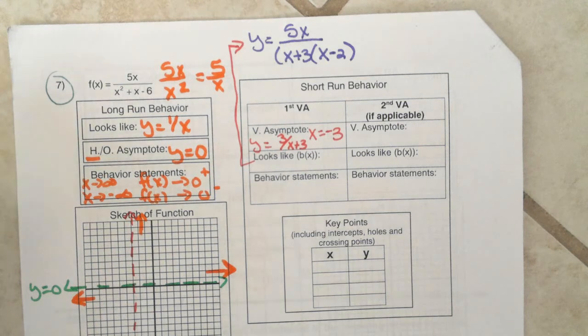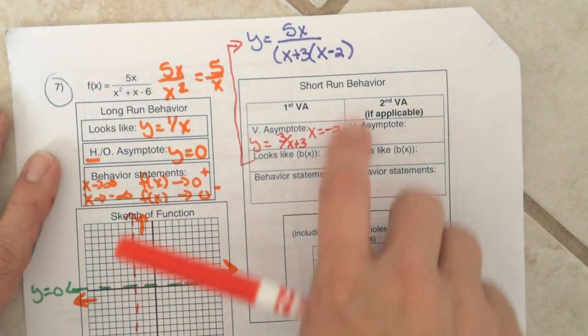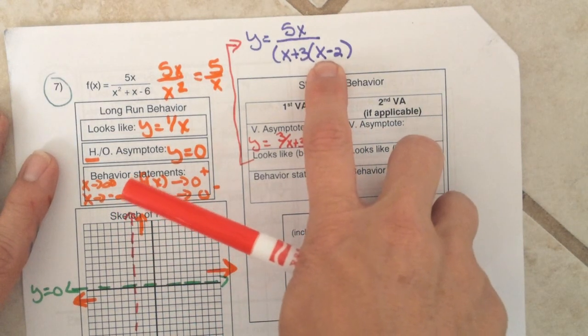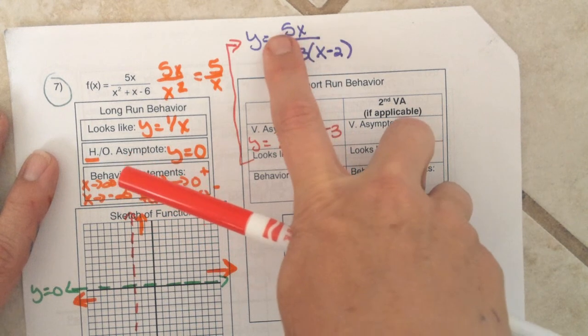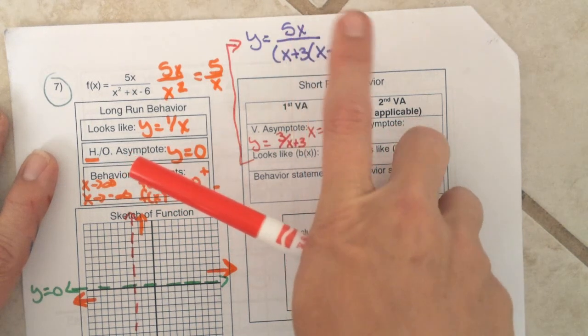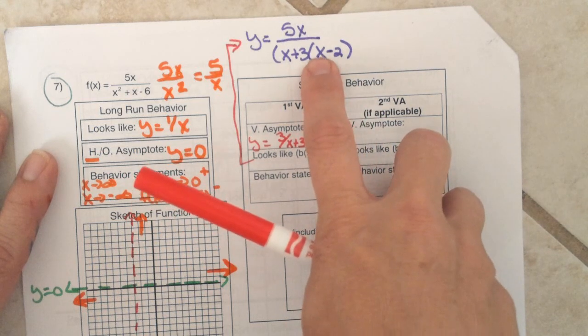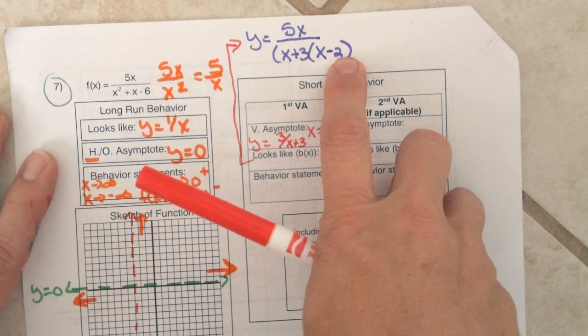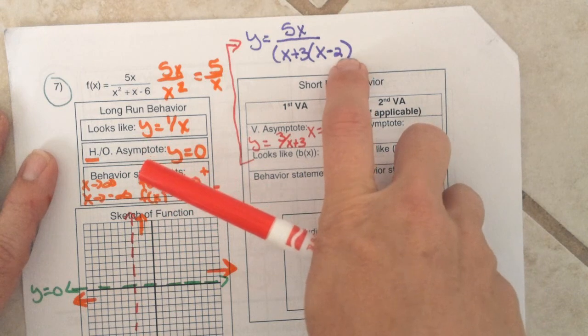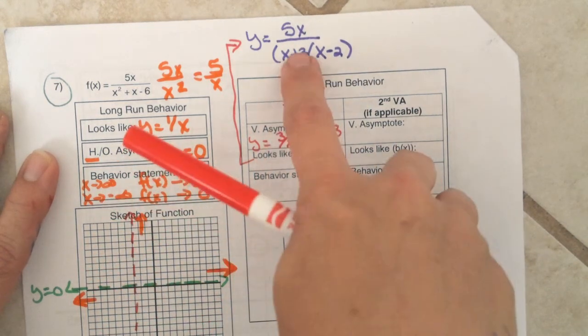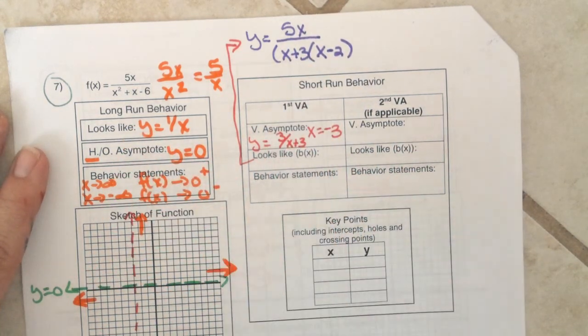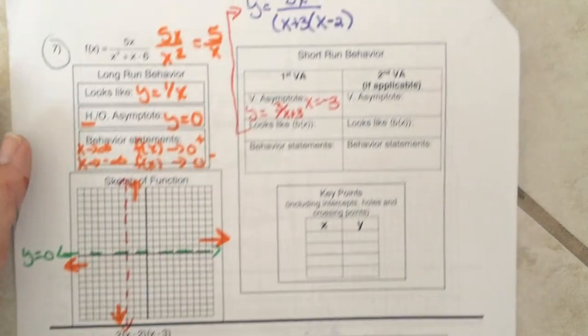Let me say it again. You take this negative 3, and I plug it in here to this x and to this x. 5 times negative 3 is negative 15. Negative 3 minus 2 is negative 5. Negative 15 divided by negative 5 gives me positive 3, and the x plus 3 comes down. Because of the positive on top, I went up on the right, and I went down on the left.